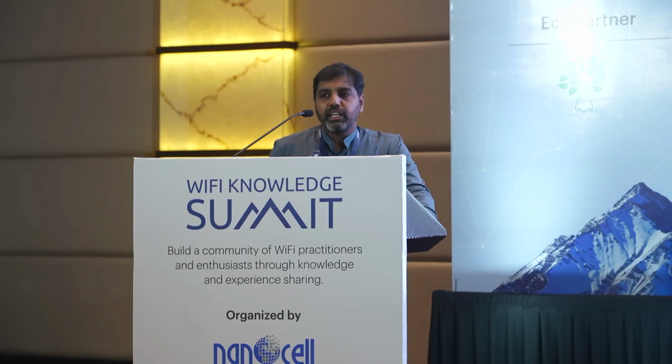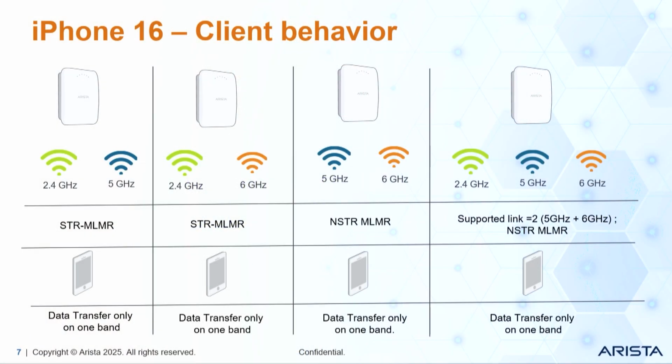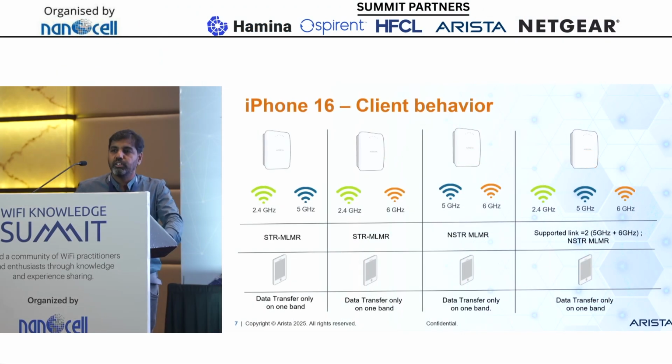So when we were characterizing across top clients like iPhone, Google Pixel and others, what we understood is that the client advertises certain parameters, but eventually it is not to our expectations of how, from a spectrum view, things would translate. From an iPhone client behavior standpoint, when you have SSIDs on 2.4 and 5, the client associates using STR MLMR, but the data transfer happens only on one band. If you have SSID on 2.4 and 6, it associates with STR MLMR, but data transfer happens only on one band, which is 6.